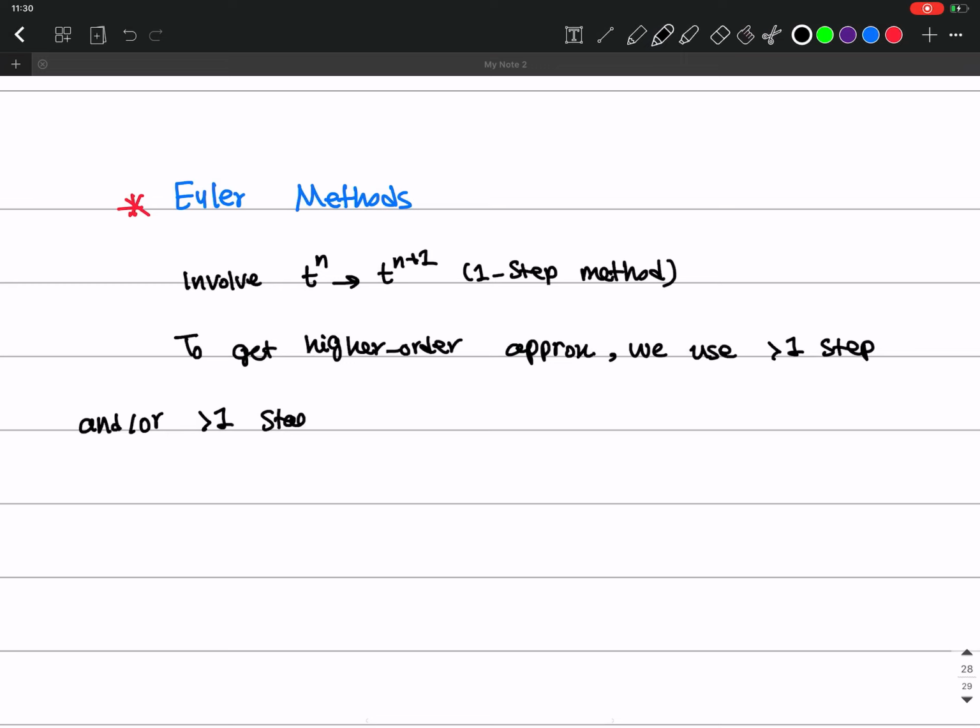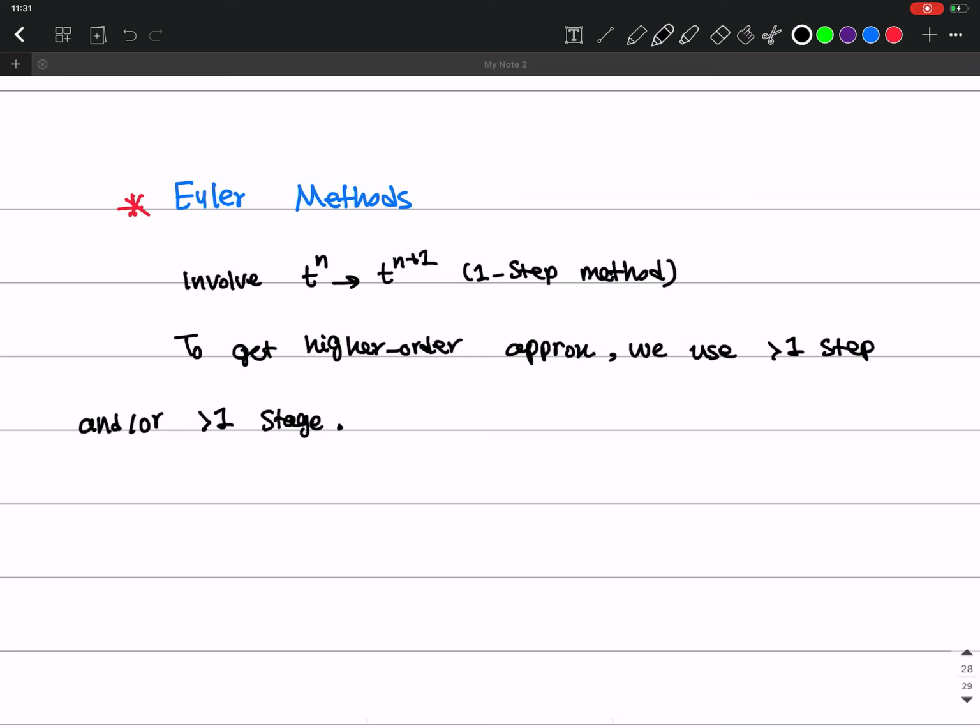So instead of just one stage, we can have multiple stages. For example, for one step from Tn to Tn plus 1, like the weighted Euler method or the Crank-Nicolson method, we can have some stages in between these two.